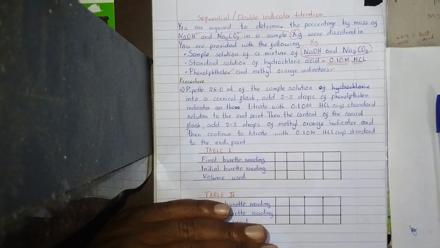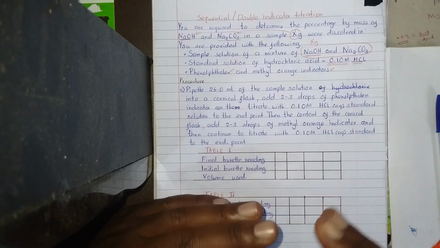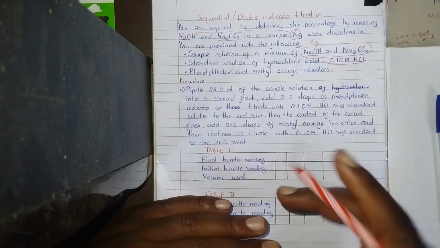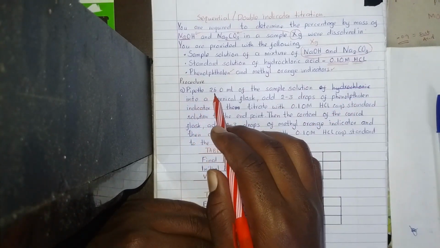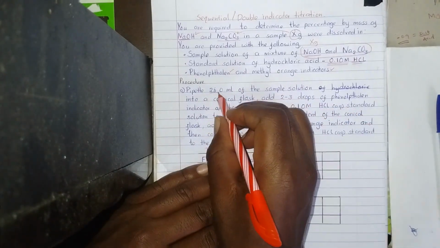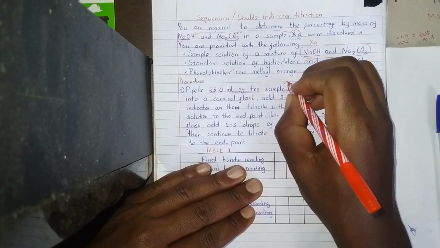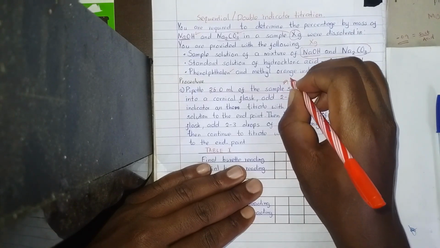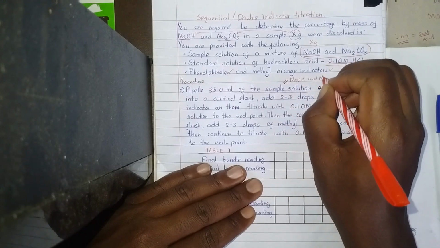What I mean is this: when you are arranging your apparatus, let me explain the procedure as I do it. So you pipette 25 mLs of the sample solution. What is this sample solution? This is the sample solution that contains sodium hydroxide and sodium carbonate.